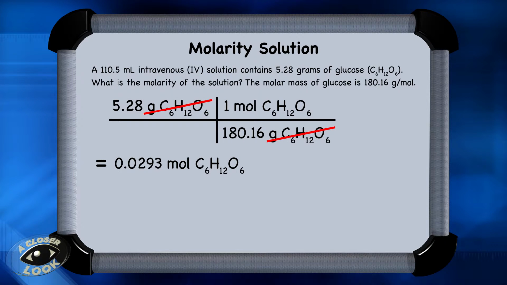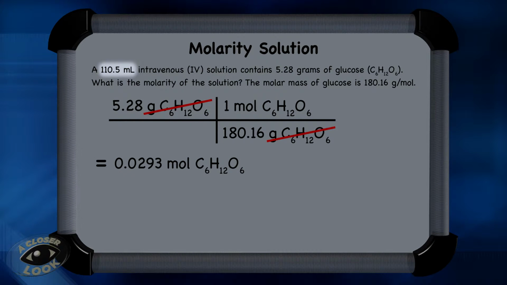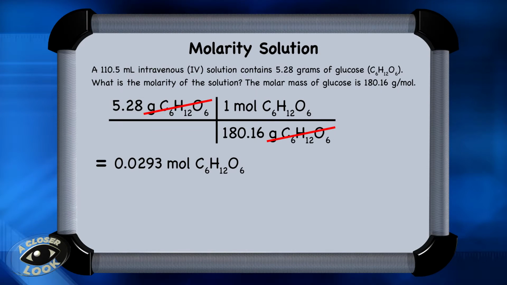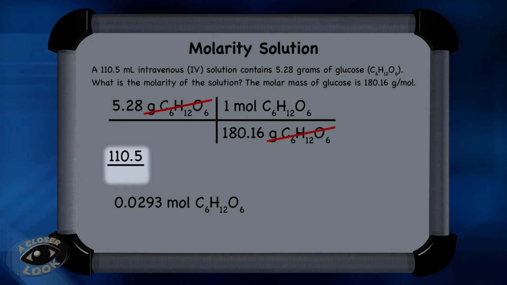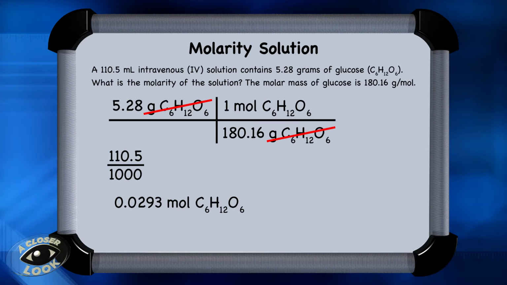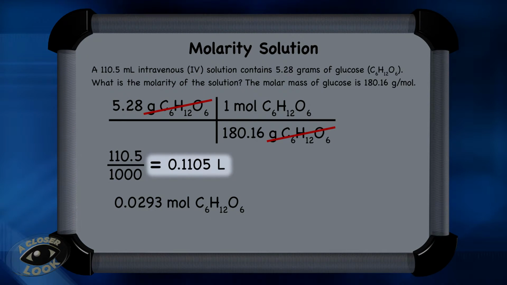The next step is to convert the volume of the solution to liters. Notice that the problem gave us the volume in milliliters to begin with. So to convert 110.5 milliliters to liters, simply divide 110.5 by 1,000. And we find that we have 0.1105 liters of the solution.